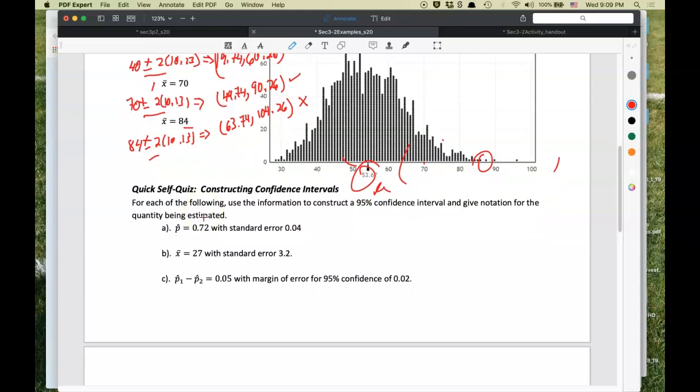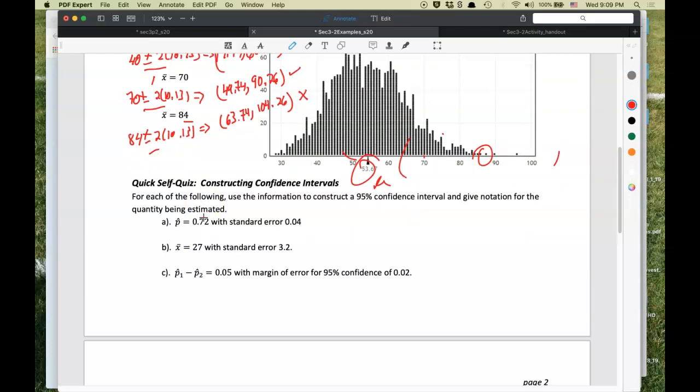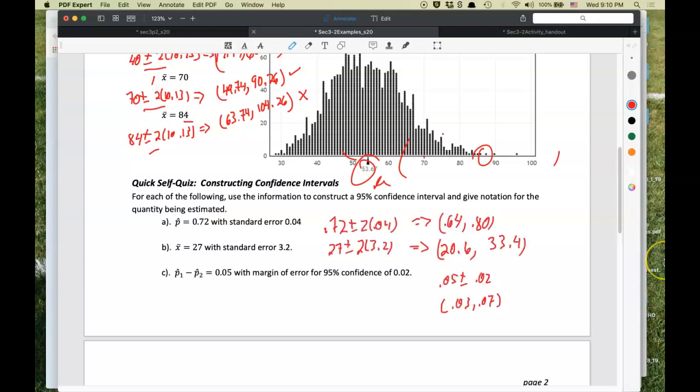Okay, so for each of the following, use the information to construct a 95% confidence interval and give notation for the quantity being estimated. So I'd encourage you to go ahead and try that, and I'll fill in the answers for you, and then you can come back and check. Okay, I've gone ahead and filled in the values. So p hat equals 0.72 with standard error.